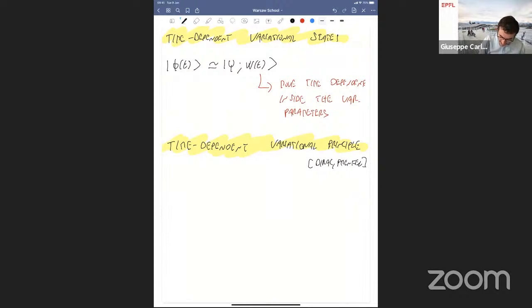if I consider my time evolution, and I have my state phi of t at time t, which again I'm assuming is parameterized by a variational state with weights that depend on time, w of t, the correct way of reasoning about the variational principle in this case is geometrical.